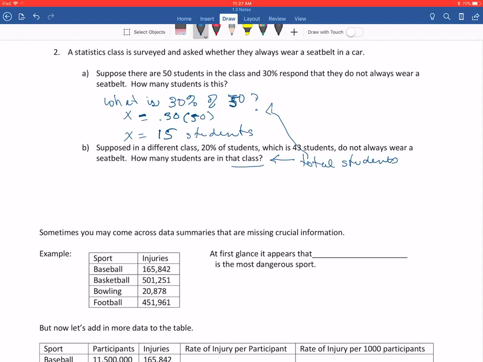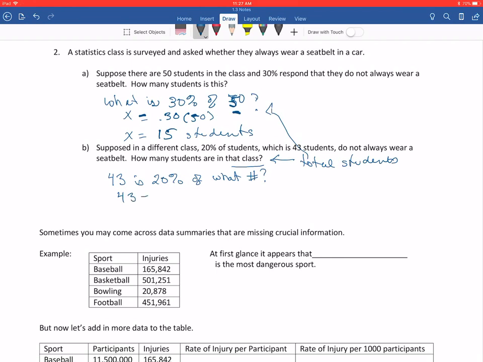So what we don't know this time is this number right here. But we do know 43. We know that 43 is 20% of, and this time we don't know this back part. So I can set up the same basic equation, leaving a different part blank.